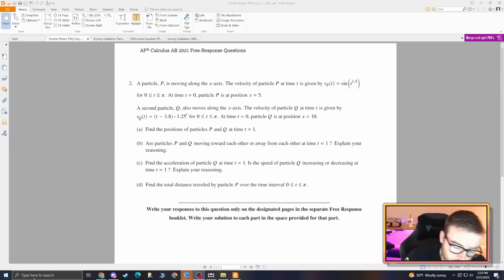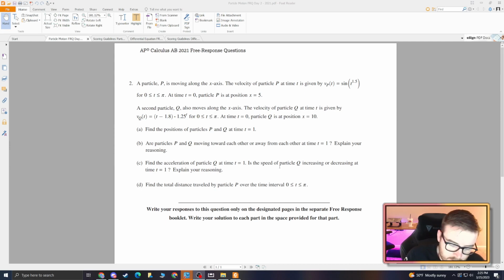So we want to integrate these. So we're going to integrate. The position function is going to be the integral of that velocity function.